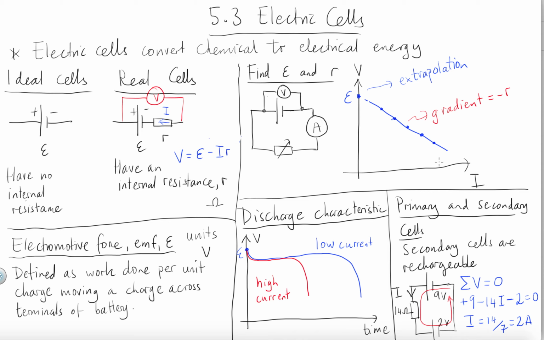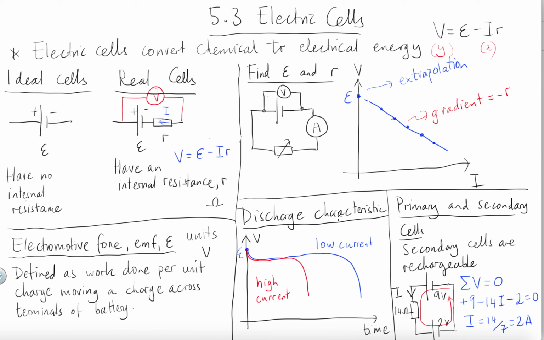By varying the current and measuring the potential across the cell, because V equals epsilon minus Ir, V is my Y variable in this case, and I is my X variable. So the Y-intercept, if I was to extrapolate back, would give me the EMF, and the gradient of the straight line graph will be equal to the negative of the internal resistance, little r.